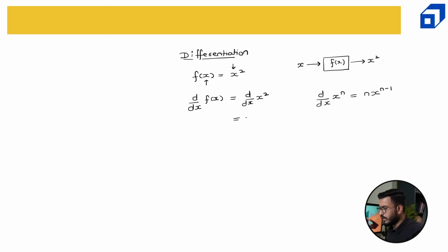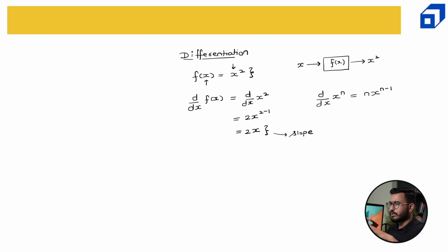So this will return me 2x to the power 2 minus 1, which is 2x. So the differentiated value of the function x square is 2x. In machine learning, we call this the slope. So when you differentiate it, you get a slope.